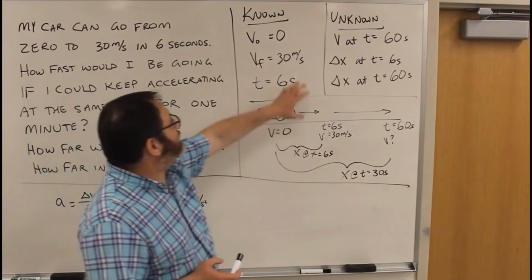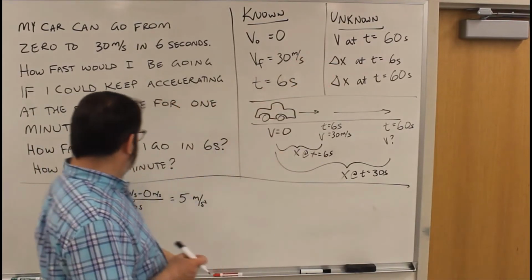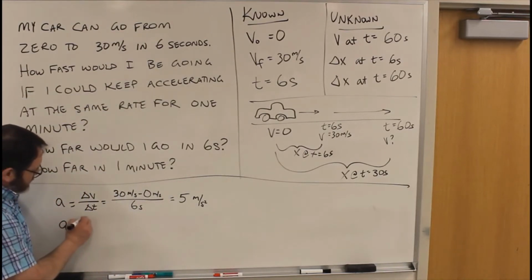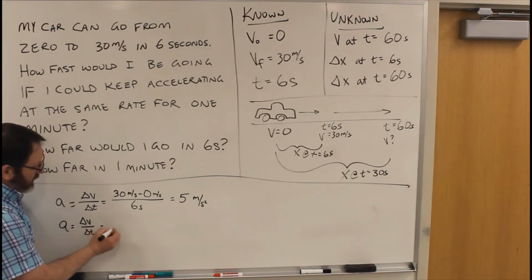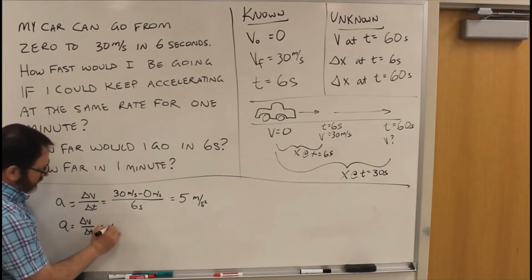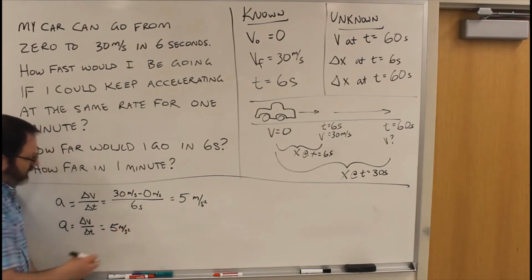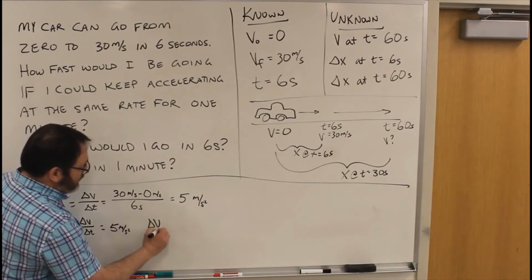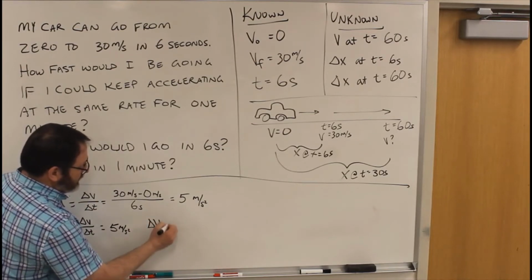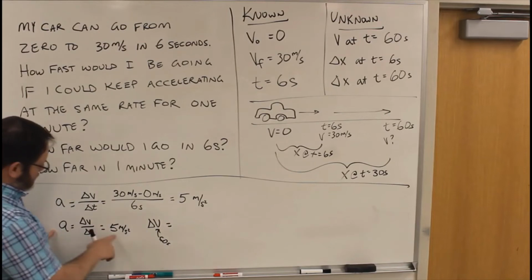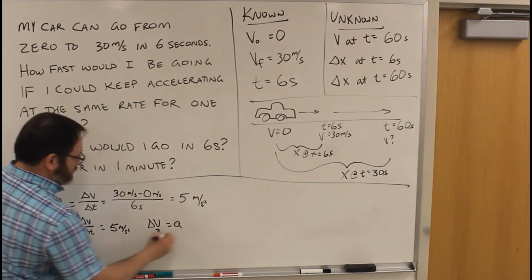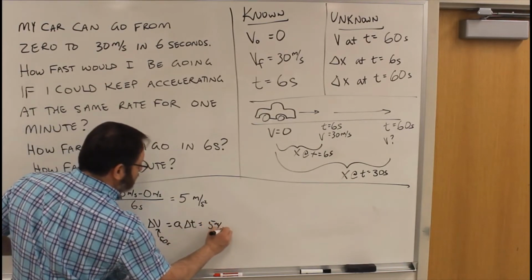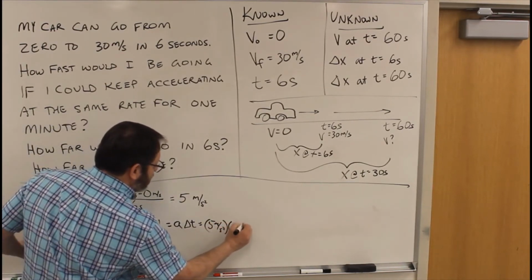That's not what I really needed. What I needed were these things. Well, I can actually use this same equation. A is delta V over delta T. But if I use, and I know that's 5 meters per second squared, if I rearrange it, I can solve it for delta V. So delta V for 60 seconds would be this A times delta T. So that's 5 meters per second squared times 60 seconds.